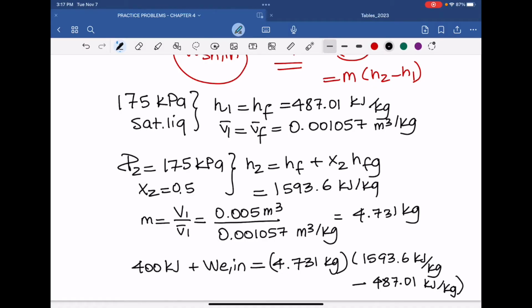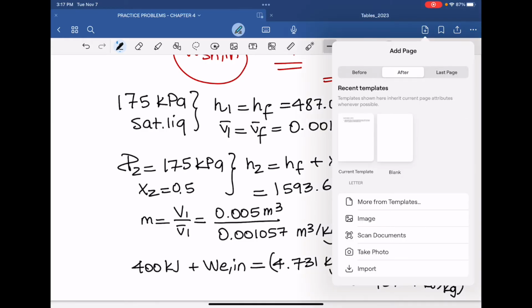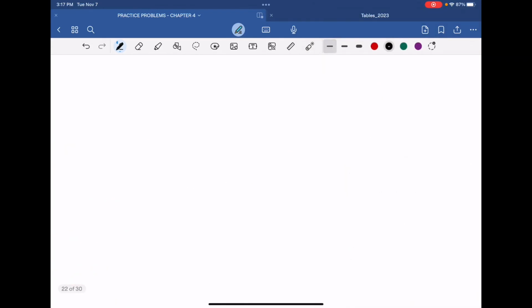Okay, I'm gonna continue in the new page. Okay. So we figured out that our electric work should be this value.